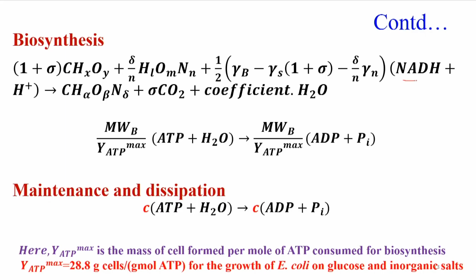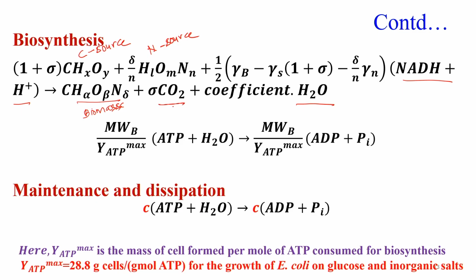Now, if I go to the next part, that is biosynthesis. Biosynthesis requires NADH. What is happening here? You have your carbon source, in addition you require a nitrogen source, and NADH plus H plus is required to form, let us say, biomass.